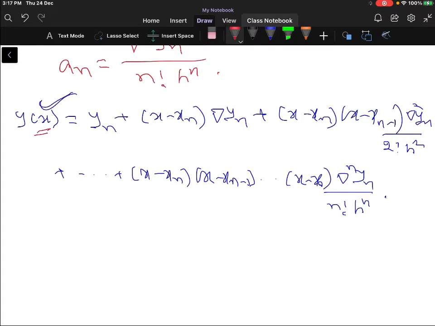Here x is arbitrary, any value within the interval x naught to xn or outside the interval.